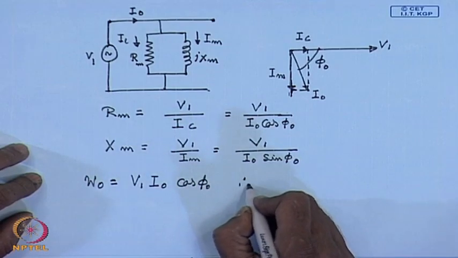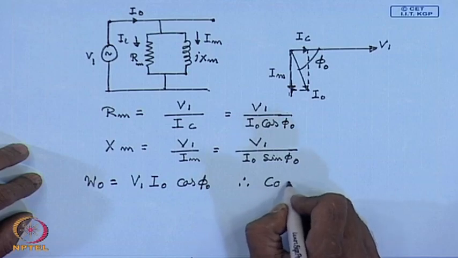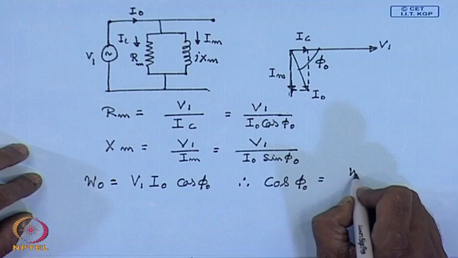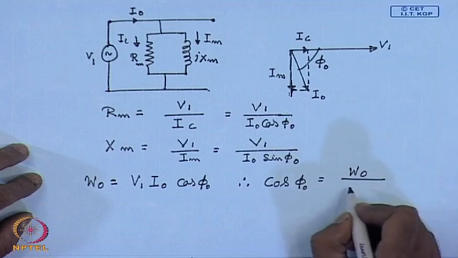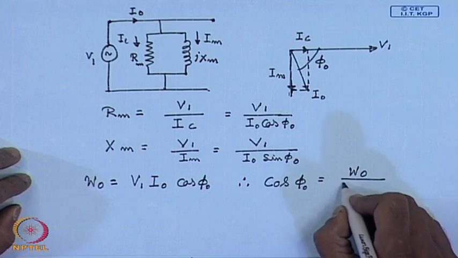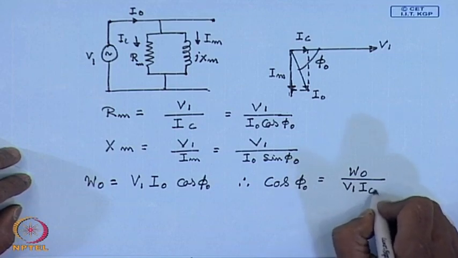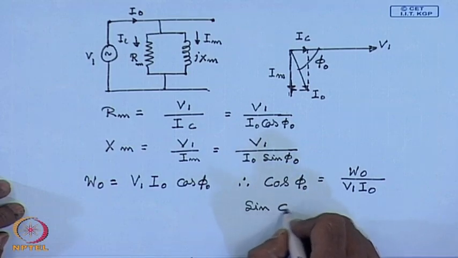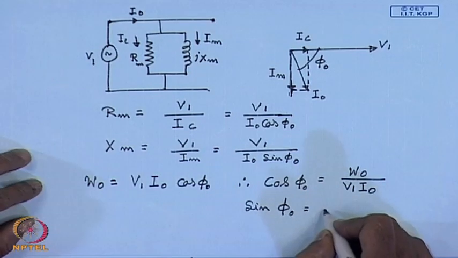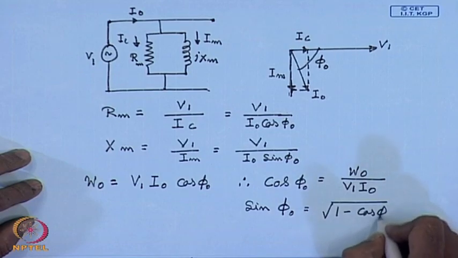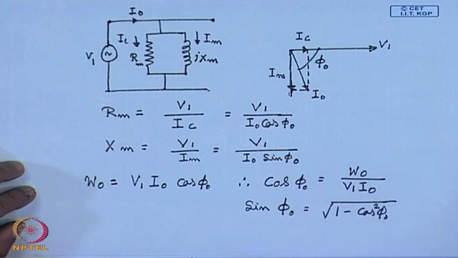Therefore, cos phi 0 equal to W0 by V1 I0, and sin phi 0 equal to square root of 1 minus cos square phi 0.